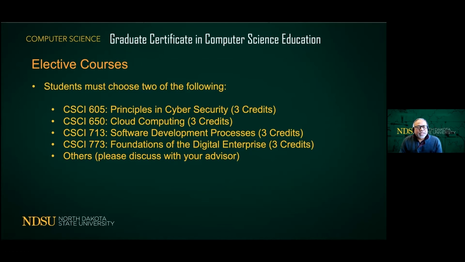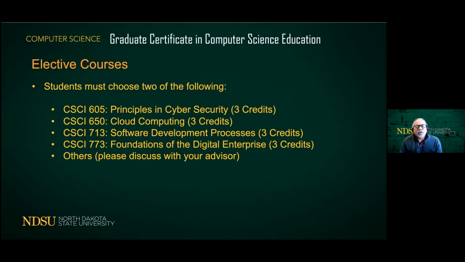The next course is CSCI 713, which is software development processes. This course talks about the software engineering lifecycle: what are the various phases of the software engineering lifecycle, and what kind of activities and tasks are performed during these various phases. Then the next course that is available as an elective is 773, Foundations of Digital Enterprise.